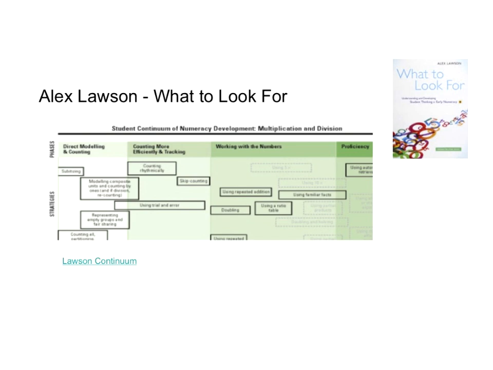Okay, so this is an image of the Lawson continuum, and the link that's going to be in the chat box takes you to this continuum, and the multiplication and division is on the 2nd page. So scroll down to the bottom of the doc, and again, take a minute.